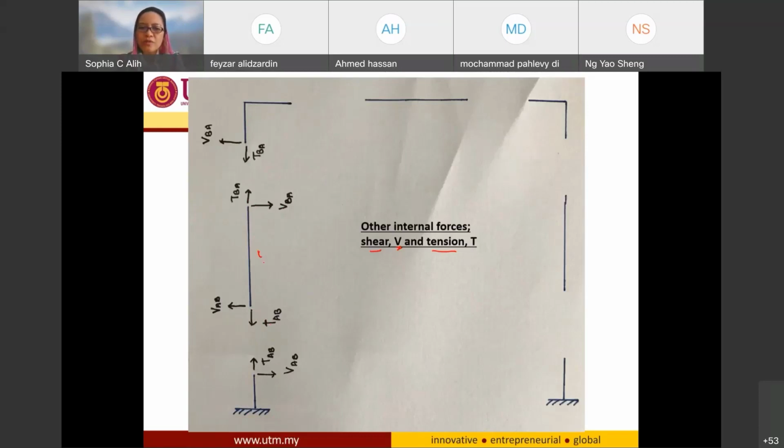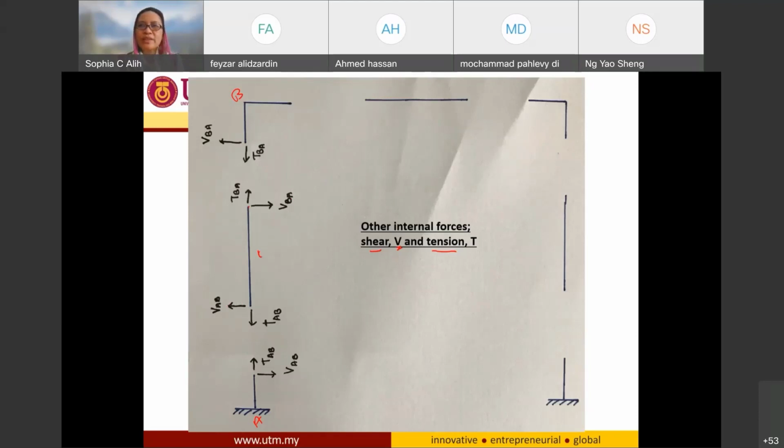So I put here for member 1, for the part which is close to support A, the tension as TAB. And for the part which is close to joint B, I put the tension as TBA, and I assume the direction to be in this direction and that direction. Similarly, I will have a shear force at the place that I cut it, and I assume the direction to be in this direction and that direction. So I notate it as VBA and VAB.